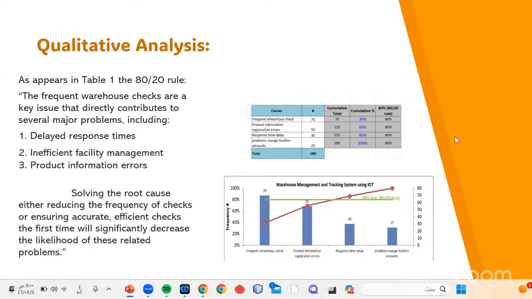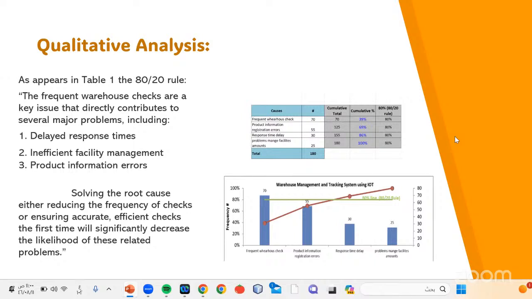In this case, frequent warehouse checks are the key factor leading to delayed response time, which means slower process and decision making. Inefficient facility management means resources are not used efficiently. Product information errors make mistakes in tracking and managing inventory.